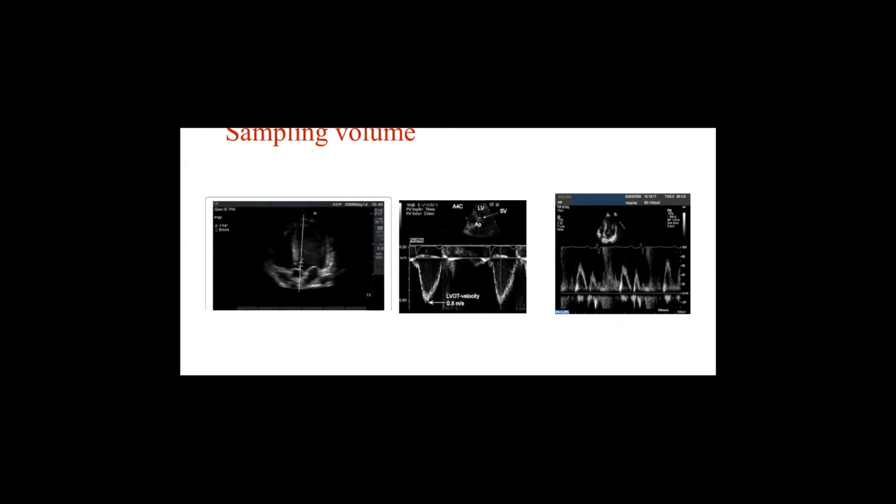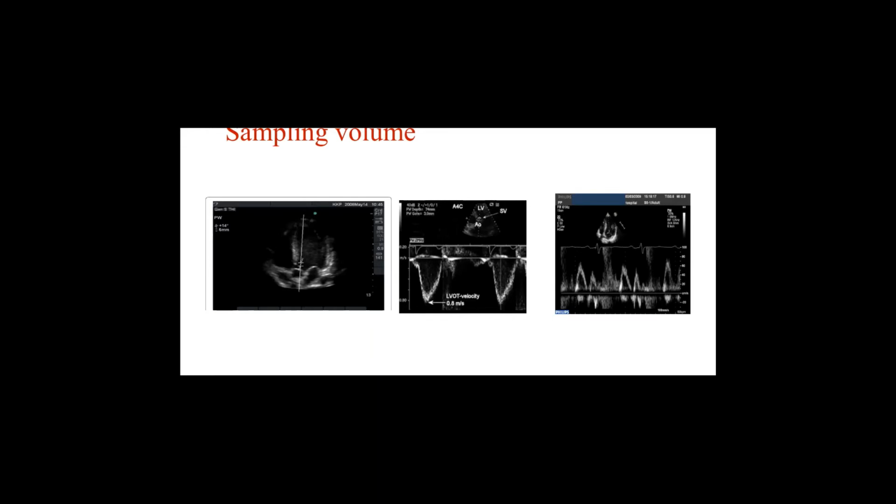And this is sensitive, by the way, because if you move the sample volume up or below the desired location, the velocities will change and you will end up obtaining erroneous velocities instead. So you have to be trained technically as to where to put your PW sample volume when you are interrogating different locations.